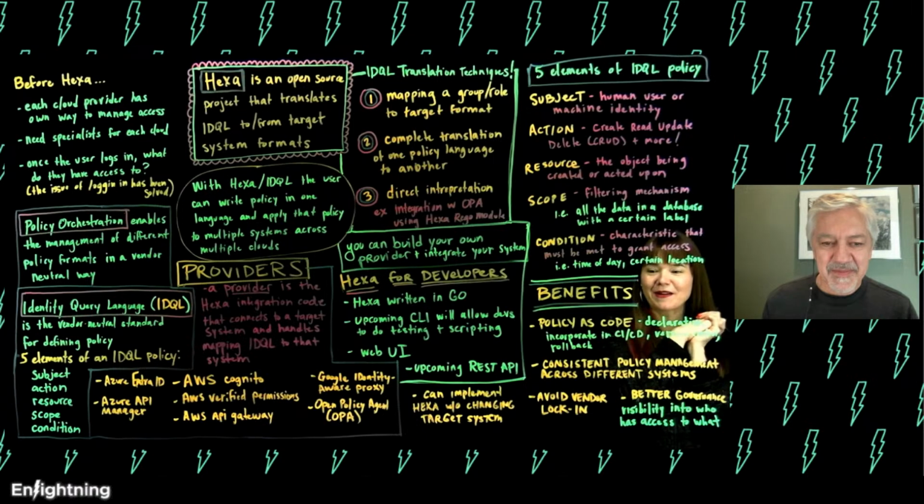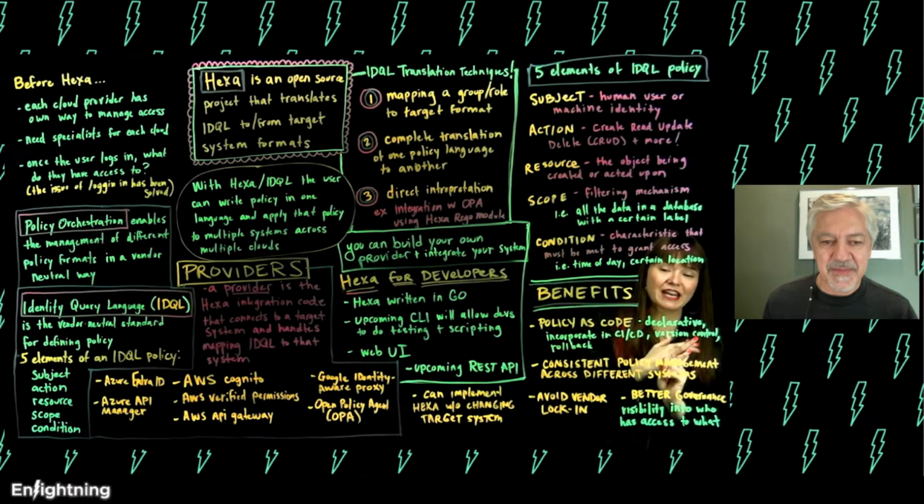And then finally, we went over the benefits of Hexa. For one, you could do policy as code. When policy is declarative code, you can incorporate it into your CI/CD pipeline. There's version control. You can roll back. You can do everything you can do with normal code reviews. Have it in GitHub where you have people review your code before it gets applied. You can now do that while you're managing your policy across your multi-cloud environment.